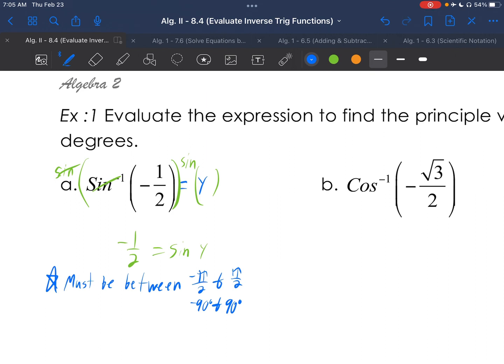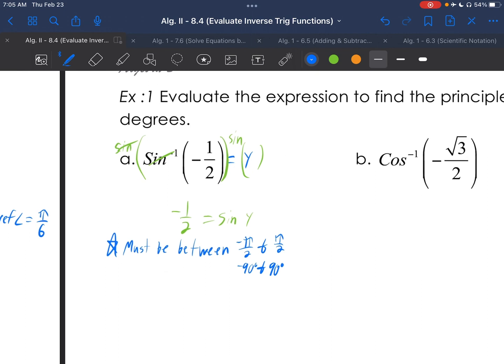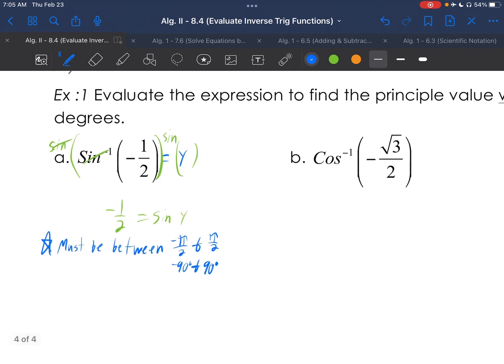And so it would be negative 30 degrees, because typically the sine of 30 degrees is 1/2 in general. But because it's negative, we have our 4 quadrants, and sine is negative in quadrants 3 and 4.